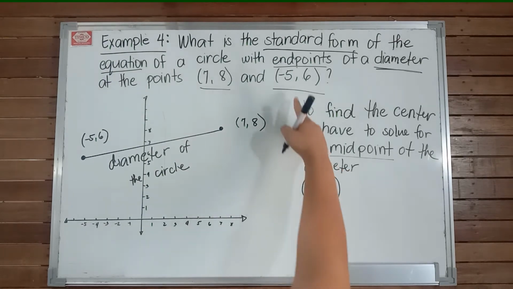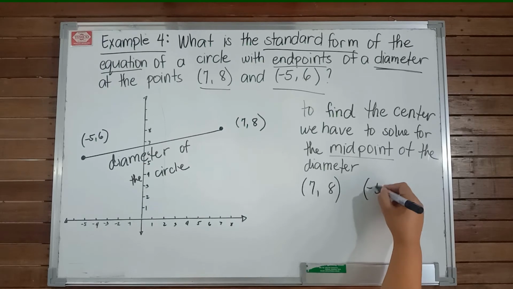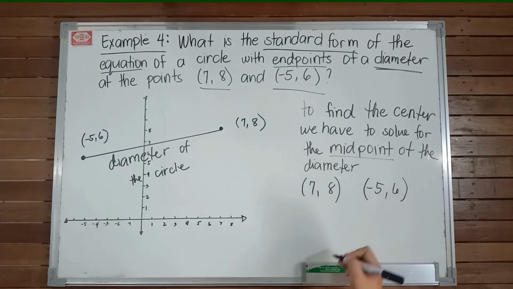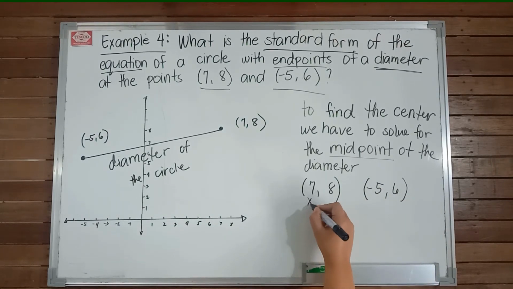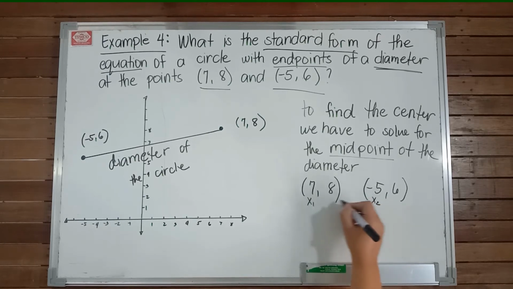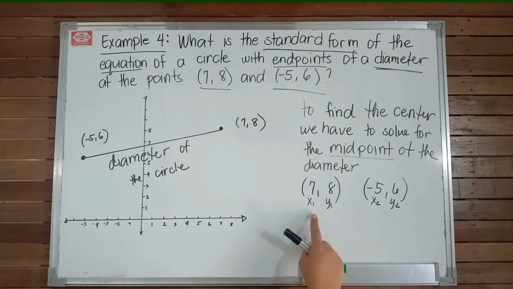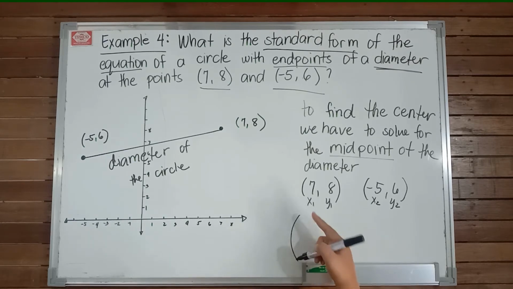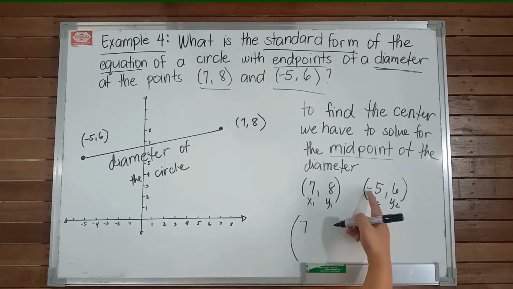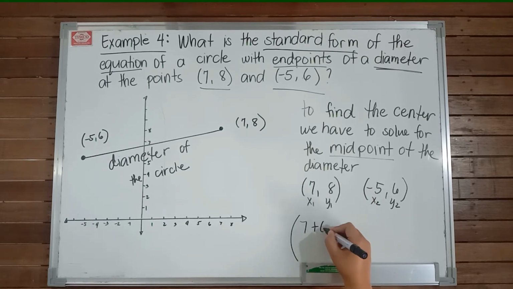So, we will get 7, 8, and negative 5, 6. So, just like finding the normal average, we have to add the 2 x's and divide by 2. And also the 2 y's and divide by 2. So, 7 plus negative 5 over 2.